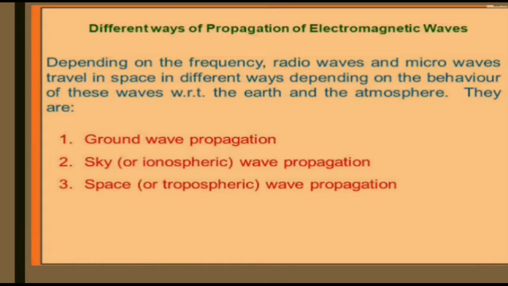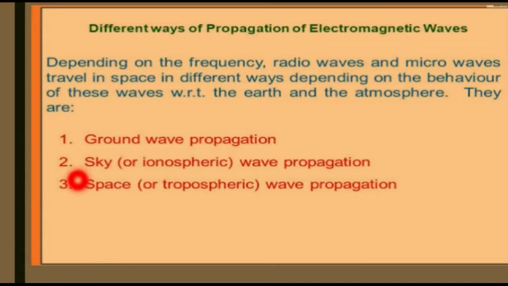See the different ways of propagation of electromagnetic waves depending on the frequency. The radio waves and the microwaves travel in space in different ways depending on their behavior. In the atmosphere, what are the propagations? The propagations are of three types. One is ground wave propagation, another is sky wave propagation, the other name for which is ionospheric propagation, right?